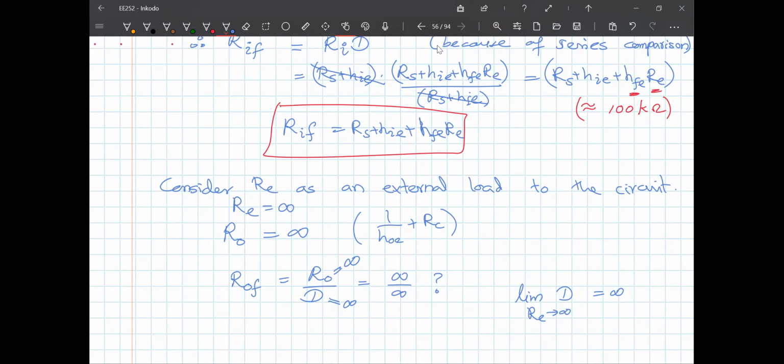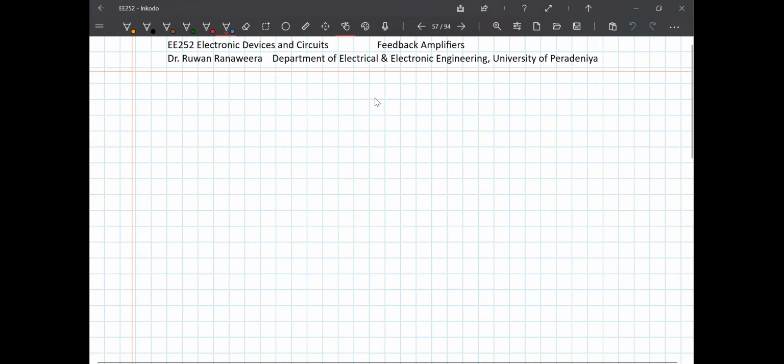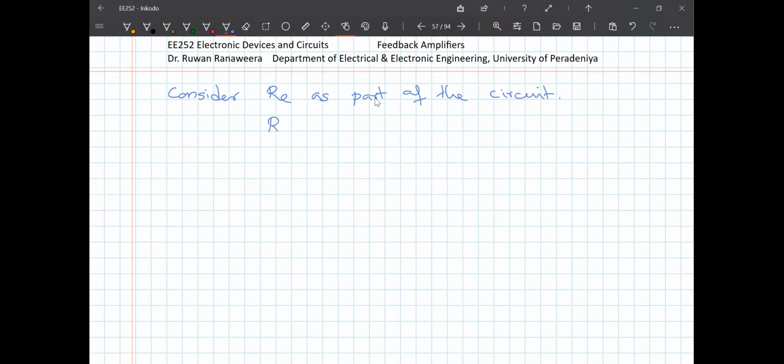So to do that, initially, let's assume RE as a part of the circuit. Consider RE as part of the circuit. If that is the case, RO dash, the output impedance with that in, will be equal to RE parallel RC plus RO.